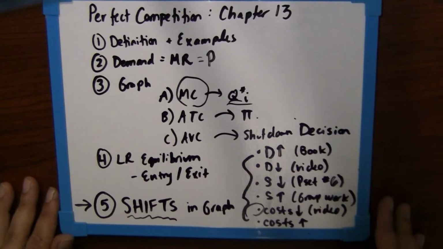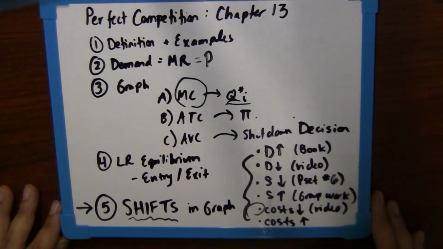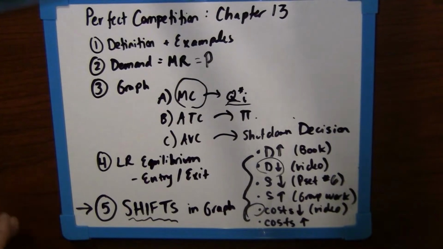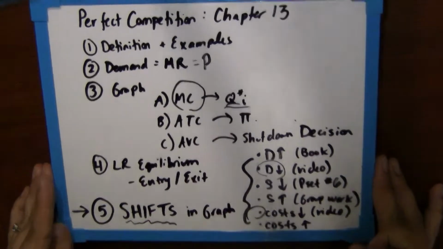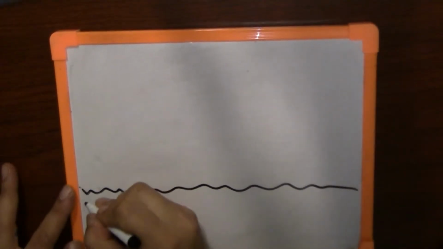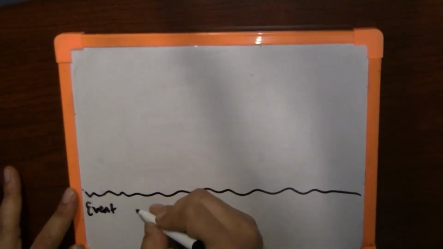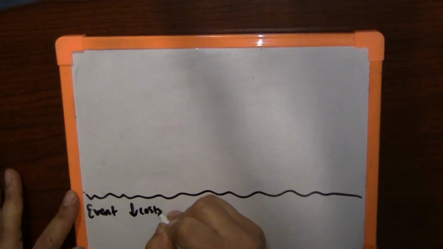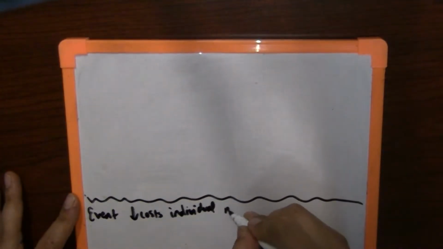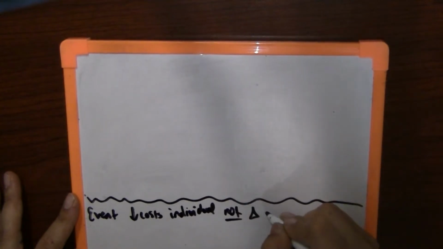And this will be very different from the last video where there was a demand shock, because this is going to have much less spillovers to the larger market. We're going to assume that this is an event that's going to decrease the costs of the individual, but not change the global supply.